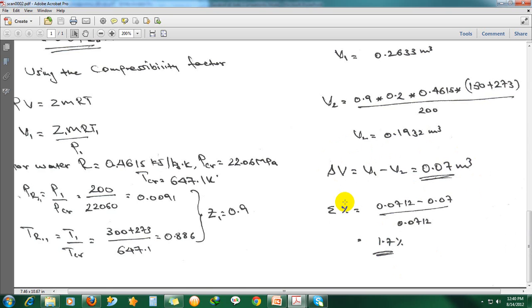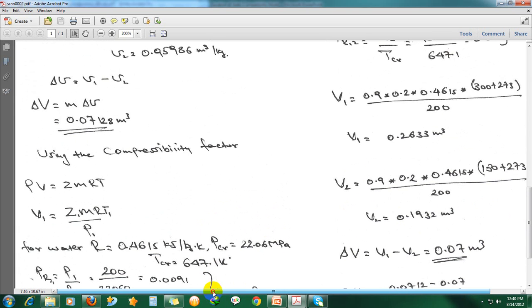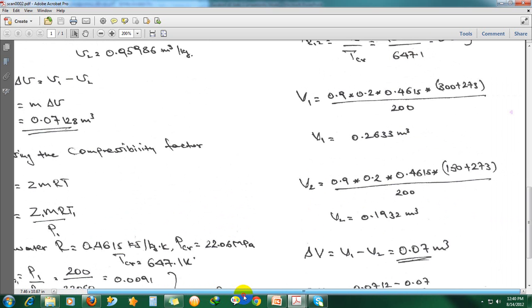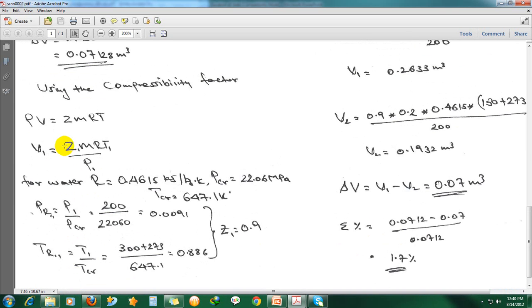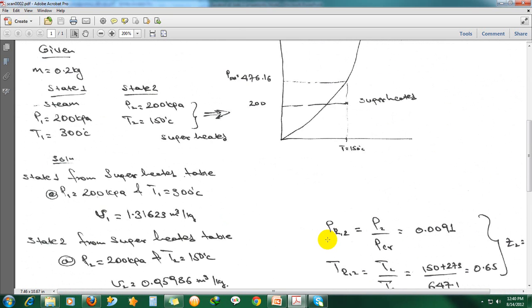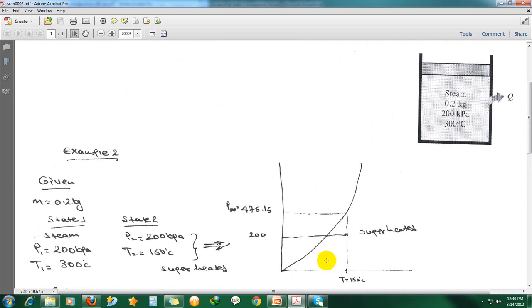So if we don't have the thermodynamics table, sometimes we can assume a real gas or real substance as an ideal gas using this compressibility factor Z. This is the solution for example 2.